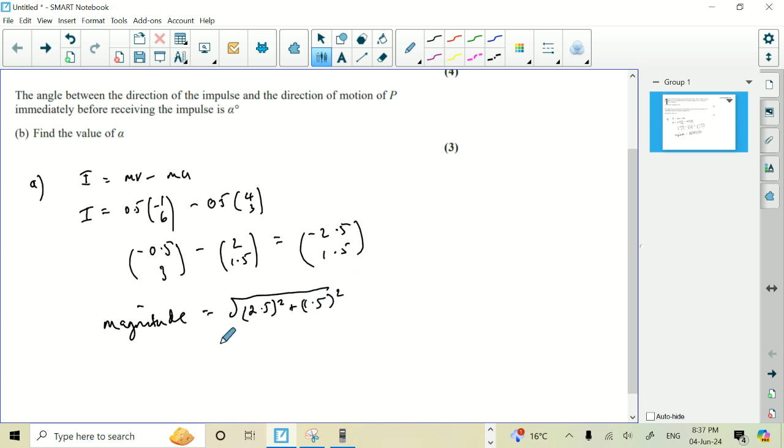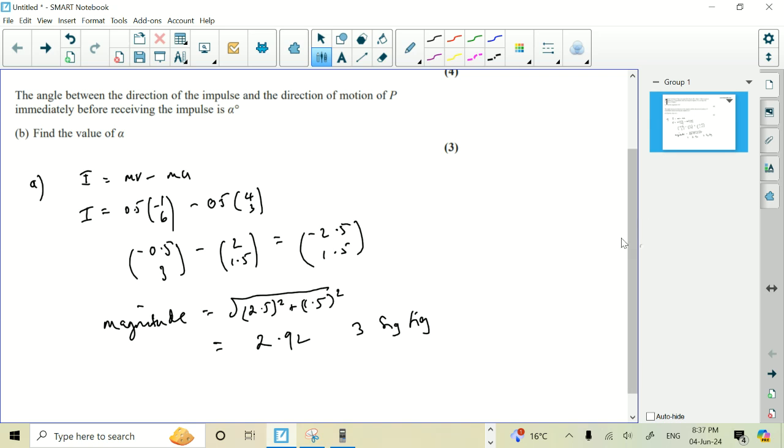And this will give us 2.92 on your calculators, that's to 3 sig fig. Now, they haven't specified a degree of accuracy or precision, but 3 sig fig should be good to go.